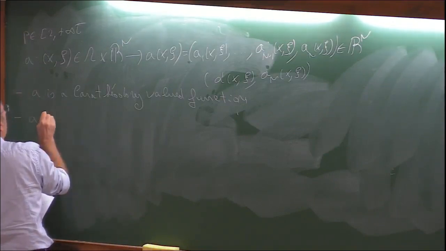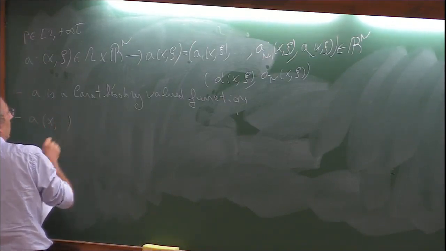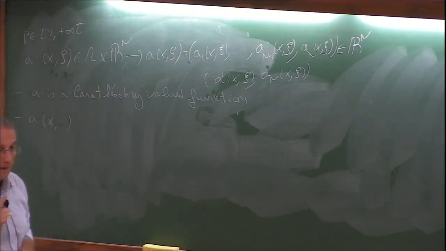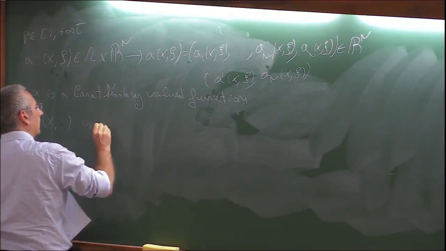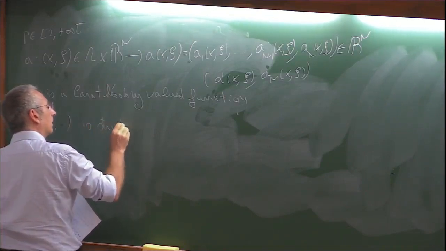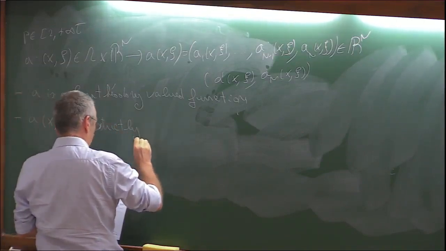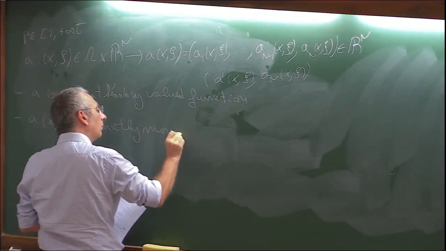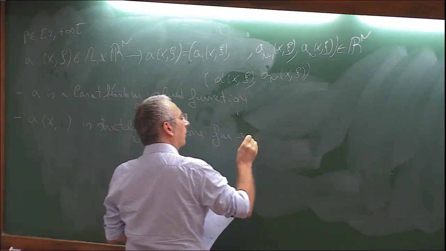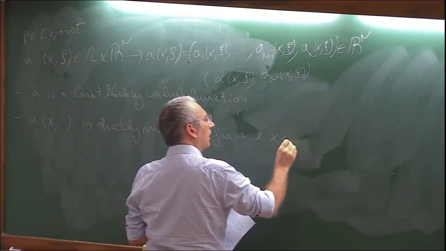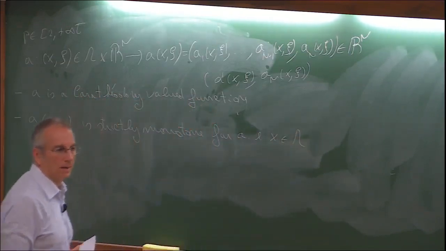We assume that A of x, as a function of the second variable, is strictly monotone for almost everywhere x belonging to omega.